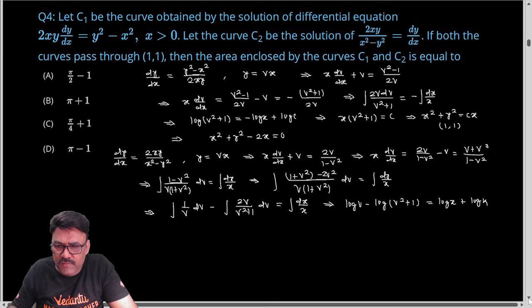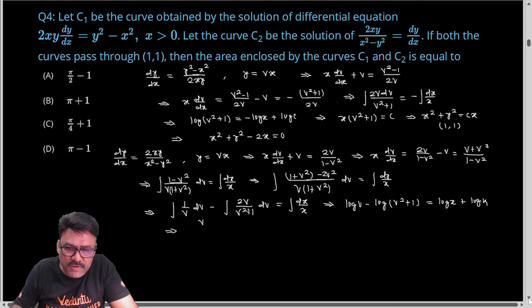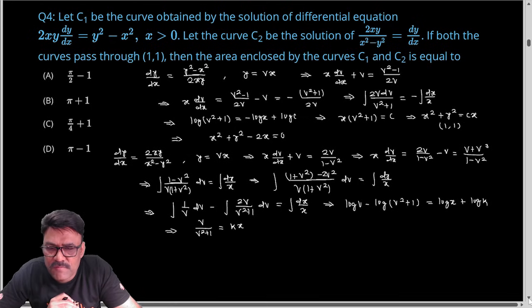Now if I remove the log, on the left side I am getting v over v square plus 1, and on the right side I am getting kx. So v over v square plus 1 is equal to kx.